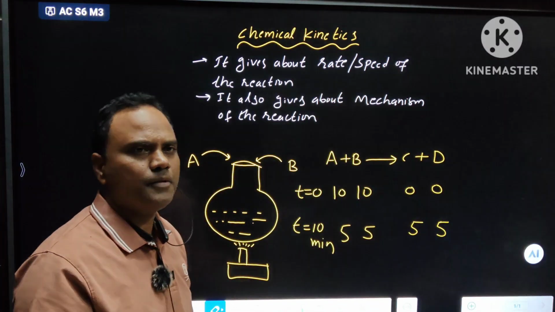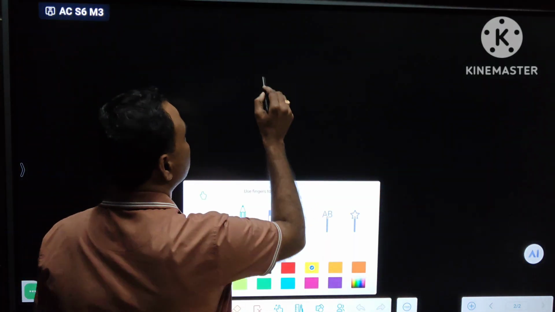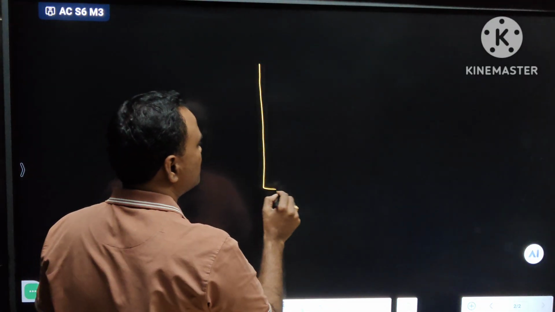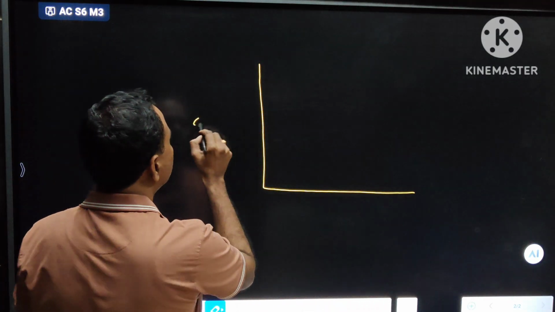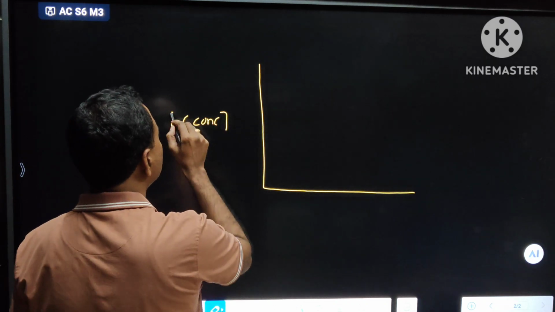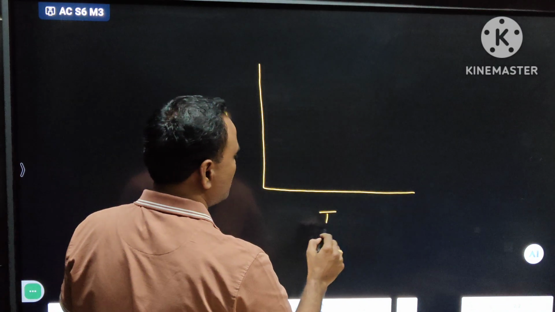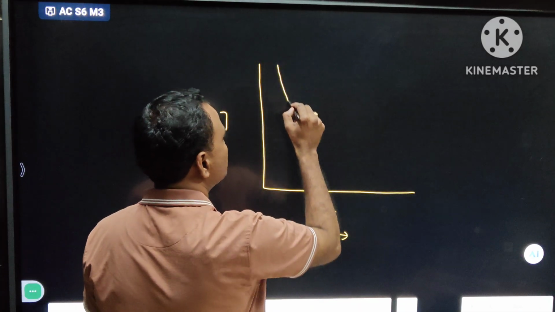Clear? Right. Now let us draw one graph for the above experiment. On y-axis I am taking concentration. On x-axis I am taking time. See.